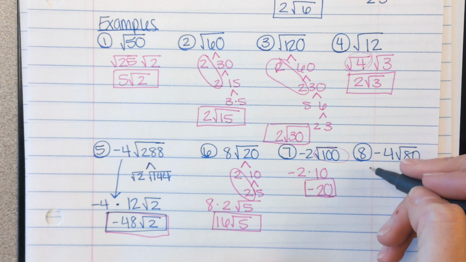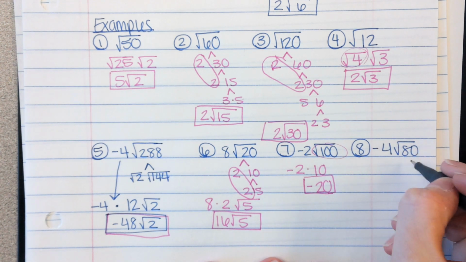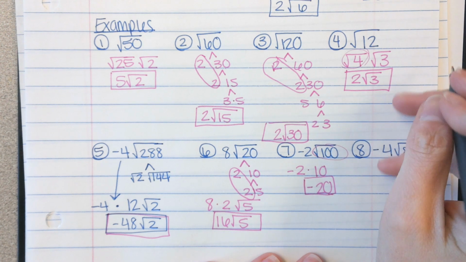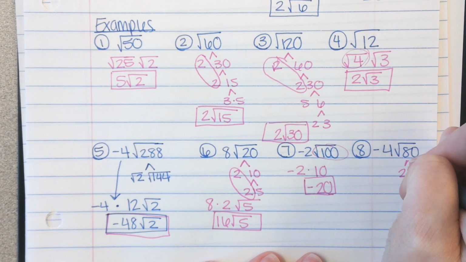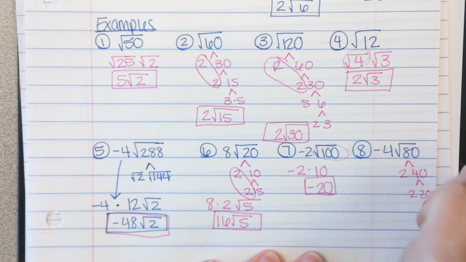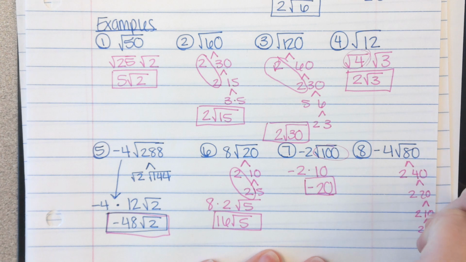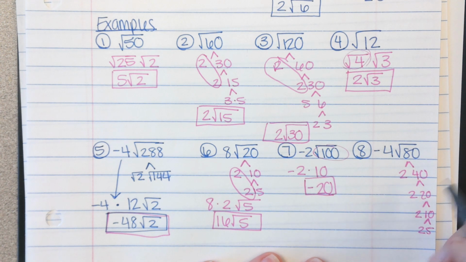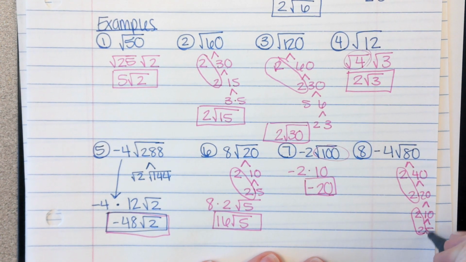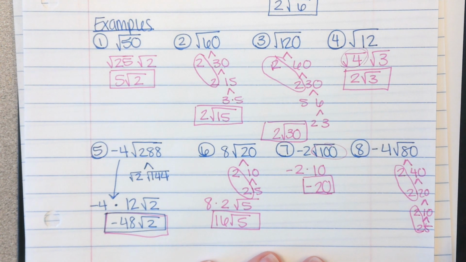All right, number 8, we have negative 4 times the square root of 80. So let's break up 80. I'm going to say 2 times 40, and then 2 times 20, and then 2 times 10, and 2 times 5. Okay, so let's look. So I have a pair of 2's and another pair of 2's. So this is the first time that's happened.